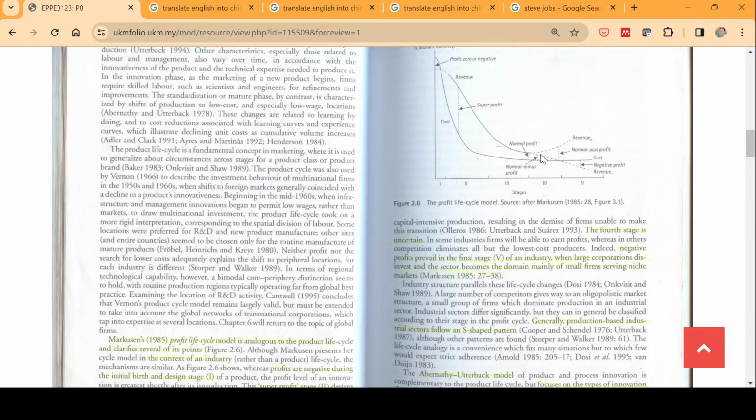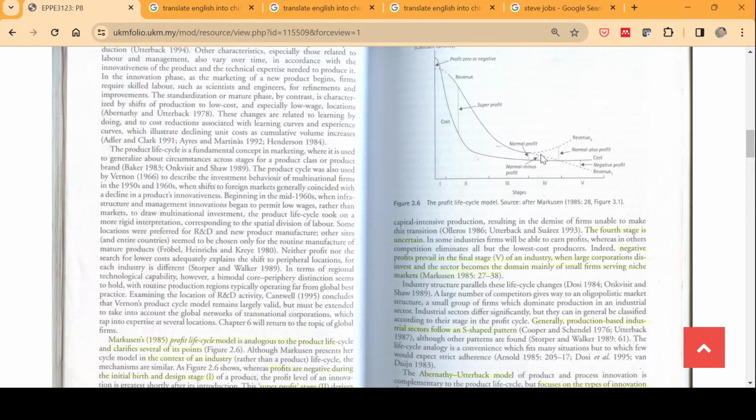So if they cannot be competitive, they will have negative sales or not be able to sell. So this is the cost, so negative profit.